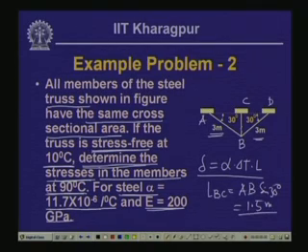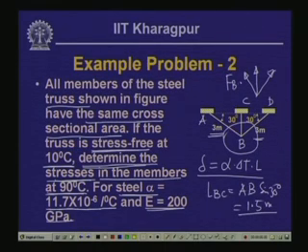This is the length of BC. Now, if we take the free body diagram at joint B, then we have 3 force components that are acting: force in BC, force in member BD and force in member BA. So, this is FBA, this is FBC and this is force BD.